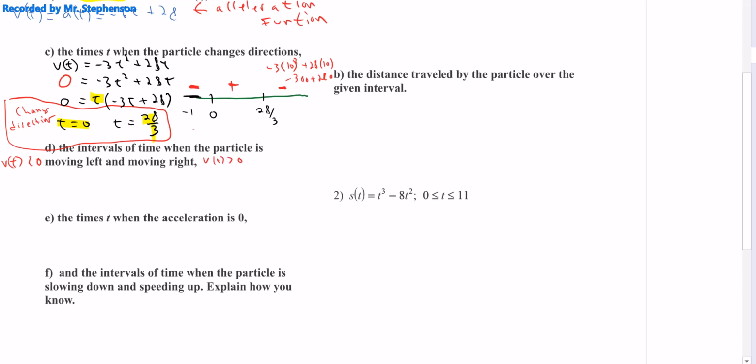The velocity was less than 0 from negative infinity until I got to 0, and it was negative from 28 over 3 to infinity. That's when the velocity was negative. Now, when was it positive? It was positive from t values between 0 and 28 over 3.